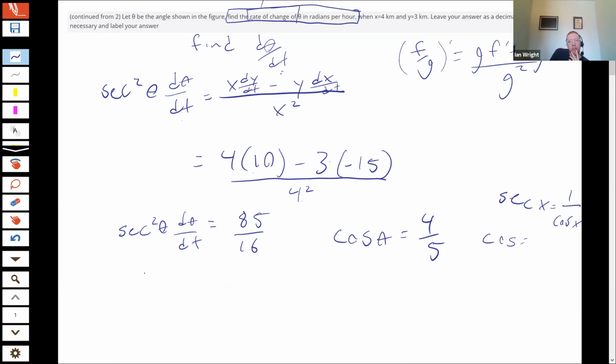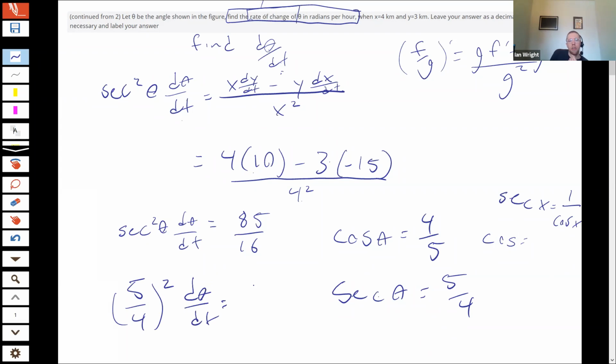Okay. So secant of theta is going to be the reciprocal of that, which is 5 over 4. And then I plug that in. So I get 5 over 4 squared d theta dt equals 85 over 16.